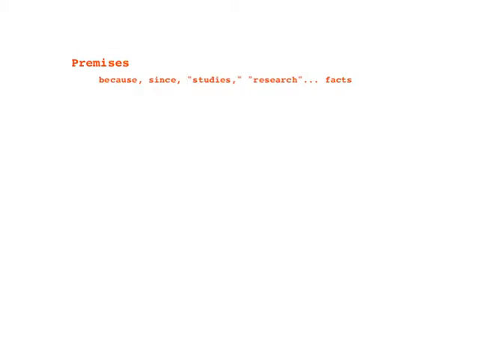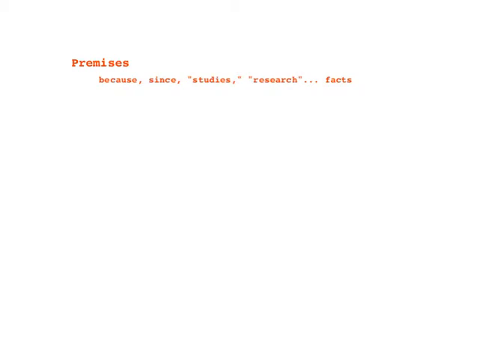So first of all, we want to remember that there are classes of words: premises, evidence on which an argument is built. And these premises have common keywords that indicate them. Because and since are probably the most common, but anytime there's a study or an evidence or any kind of fact whatsoever presented, this is a premise. You cannot argue with the premise. Premises must be accepted as fact and used in the argument.